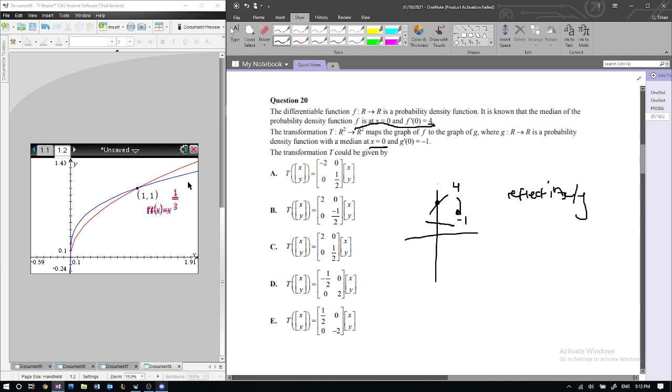But since it gives you the piece of information that it's a probability density function, you can't reflect it in the x-axis, because if you reflected this in the x-axis, sure you get this gradient that's also negative, but you also go into the negative y-axis, and since it's a probability density function, you can't have negative probability, so you can't reflect in the x-axis, so that only leaves us with reflect in the y-axis.